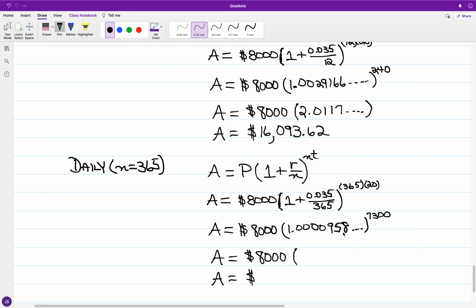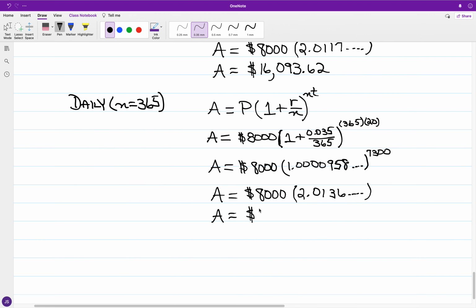This decimal number to the 7,300th power is also going to end up a little bit over 2, about 2.0136 among the first decimals, and multiplying by $8,000, we have for this balance right at $16,109.48.